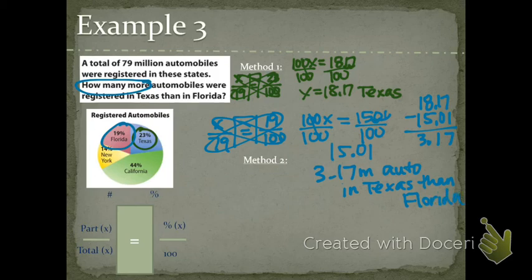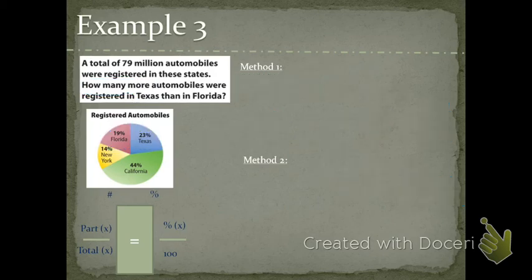Okay, so then method 2 saves you from doing 2 percent bars. So if we want to know how many more from Texas or Florida, so Texas, we have 23%.